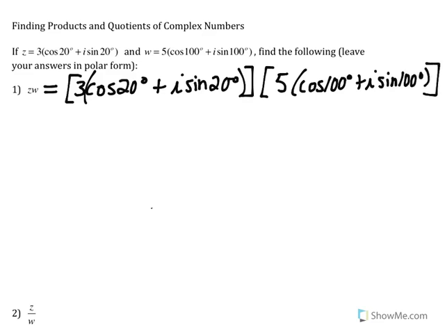So we're going to be multiplying the R values. Those are kind of like your bases. And we're going to add the angles of the like trig functions. So the angles are like your exponents.